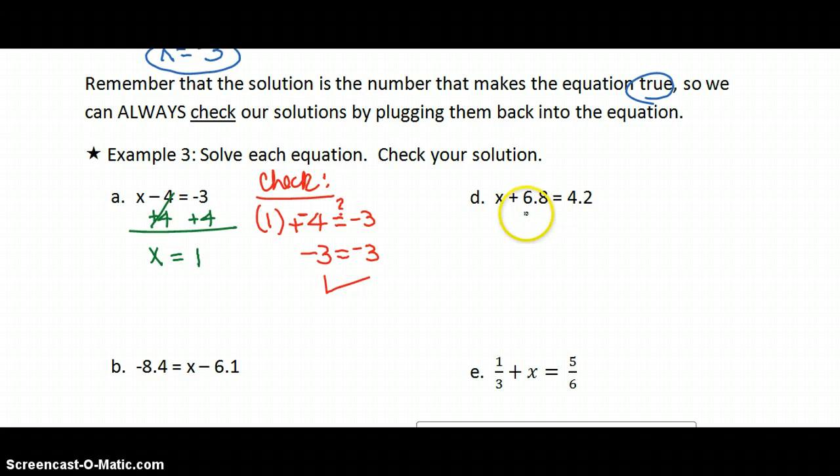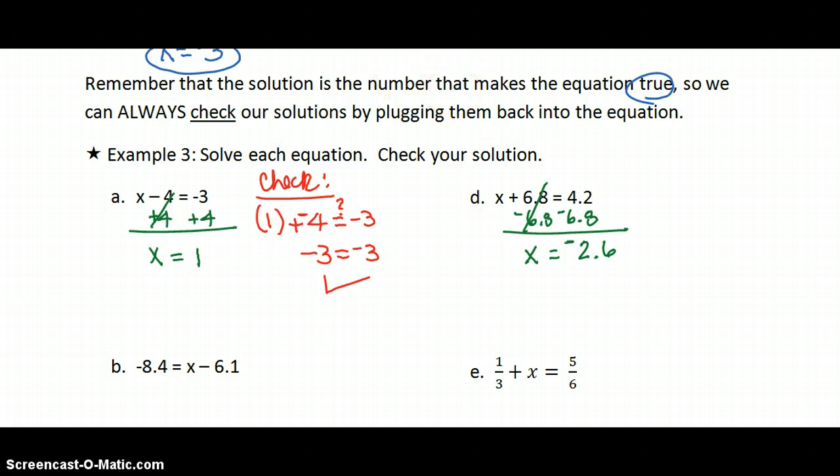Okay, let's subtract 6.8. Now be careful, line up those decimals, subtracting 6.8 from both sides. So x equals, and that's going to be a negative answer, negative 2.6. 2 from 8 is 6 and 4 from 6 is 2, but I keep the sign of the larger.